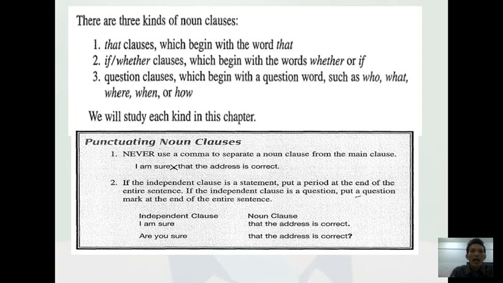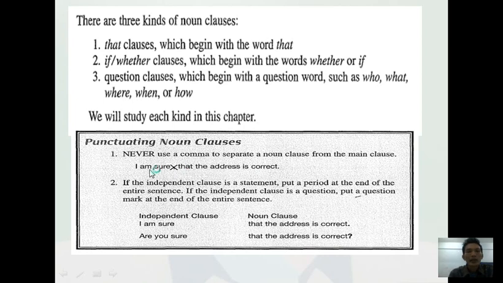Okay, look at this. Punctuating noun clauses here. Don't ever use a comma to separate a noun clause from the main clause. For example, when you want to write, I am sure, comma, that the address is correct, it is false.